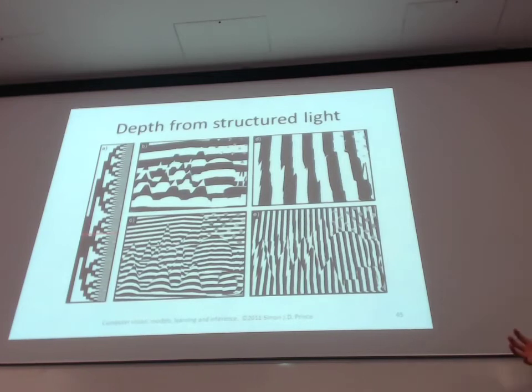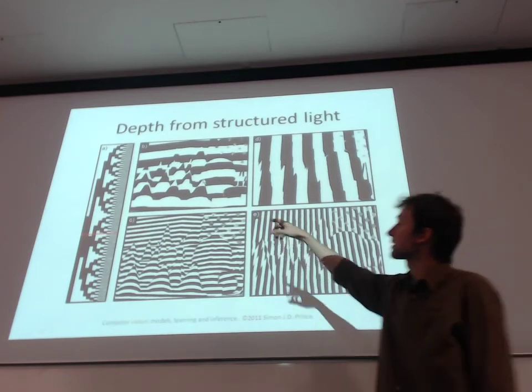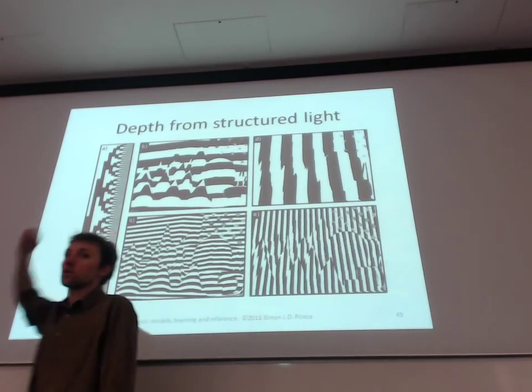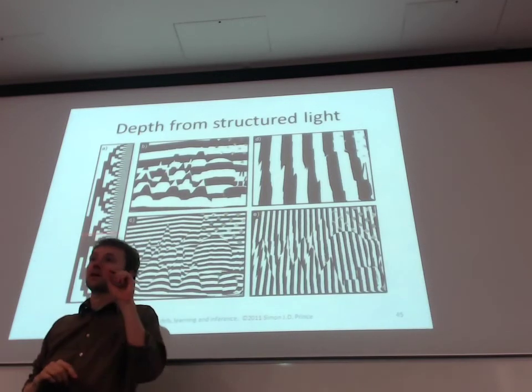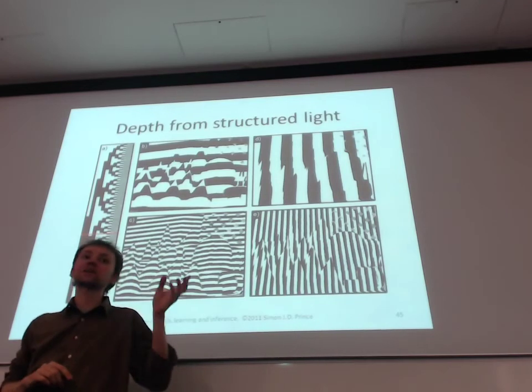So we have this challenge. This point here that I'm pointing to with my arrow, it happens to be bright right now. So we know that this point in the camera image number 1 corresponds to a white pixel in the projected image number 1.